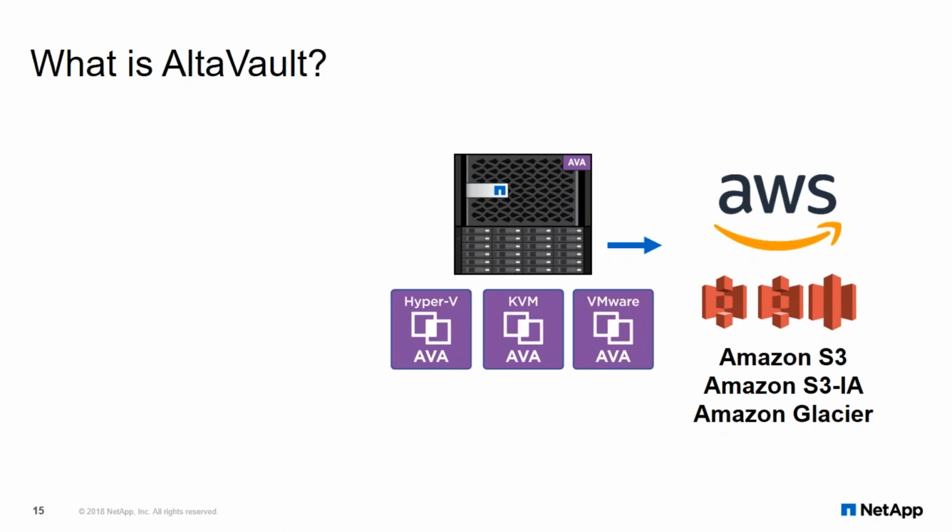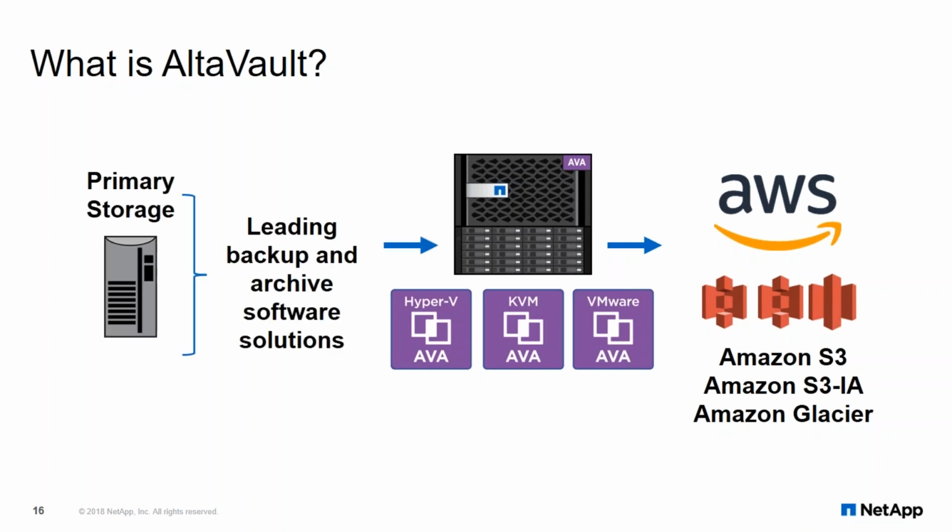So the question becomes, well, how do you move data into this object-based storage gateway and write that out to Amazon? And that is through the leading backup and archive software solutions today on the market. And these are really the enterprise level backup applications, such as Veritas Backup, Veeam, Commvault, or IBM Spectrum Protect.